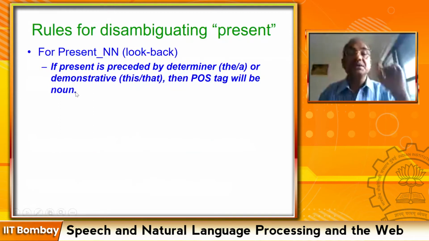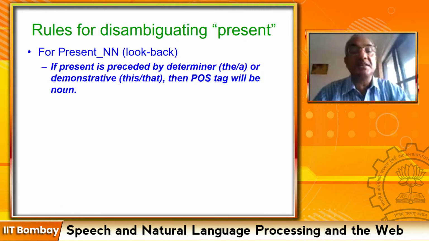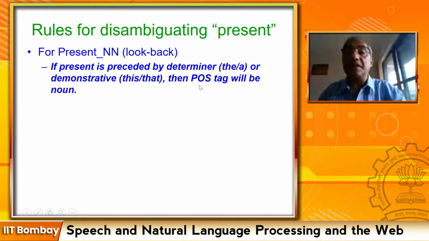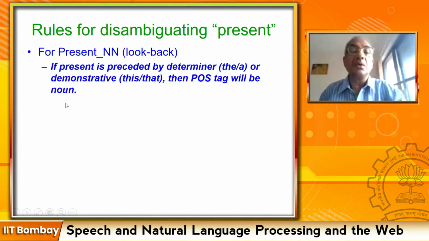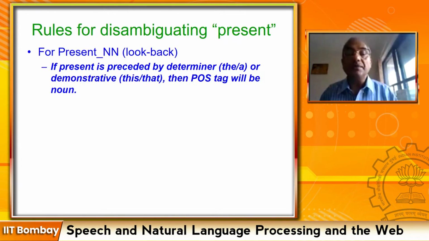So a common sense rule, a rule that is obvious and suggests itself, is this: if the word present is preceded by a determiner, the, a, this, that, or a demonstrative, which is this, that, then the part of speech tag will be noun. This seems like a very, very reasonable rule. If there is a determiner or demonstrative, the, a, this, that, before present, then this present must be a noun.